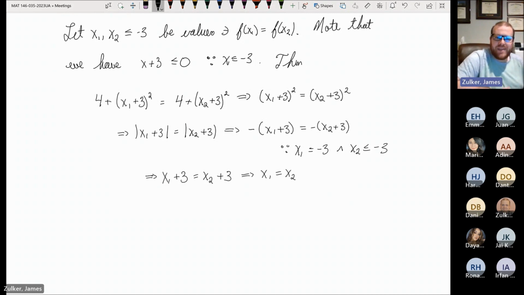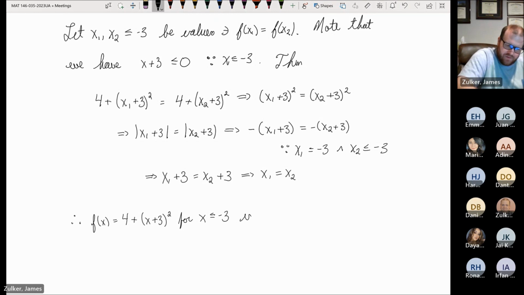We get x1 has to be x2. And so we have that f of x is 1 to 1.